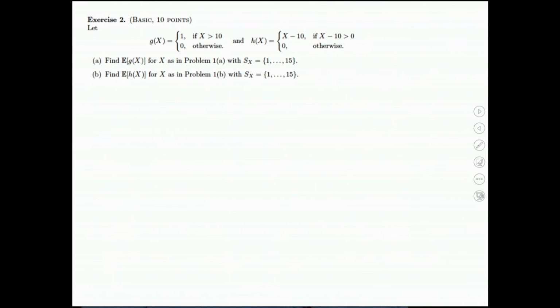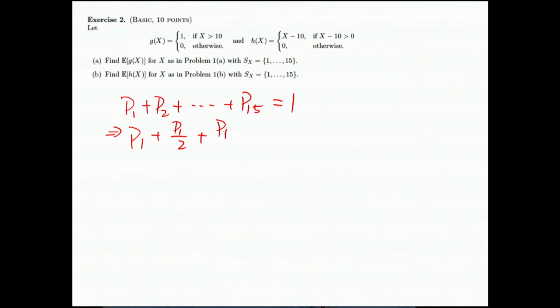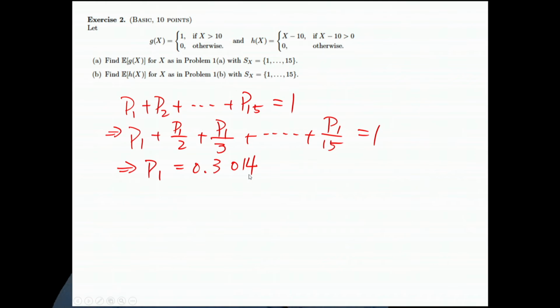So p1 plus p2 plus up to p15 will be 1, which means p1, and then p2 is p1 divided by 2, p3 is p1 divided by 3, and p15 is p1 divided by 15. This equals 1. Then you can find p1 is 0.3014.